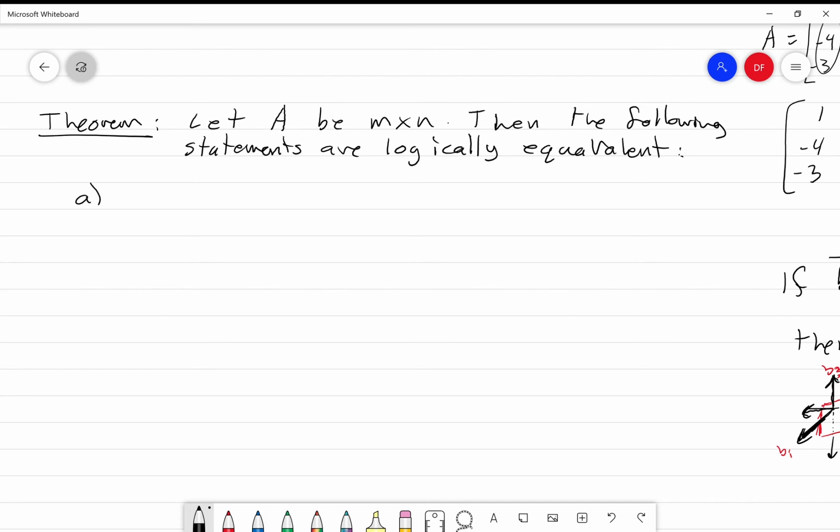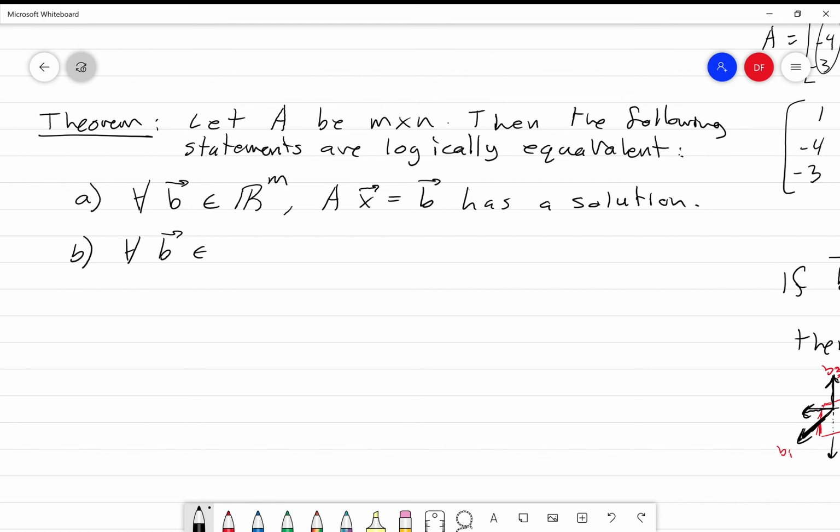So, for any, this means for any or for all. Okay? For all vectors B in m-dimensional space, Ax equals B has a solution. This statement is logically equivalent to the following statement.